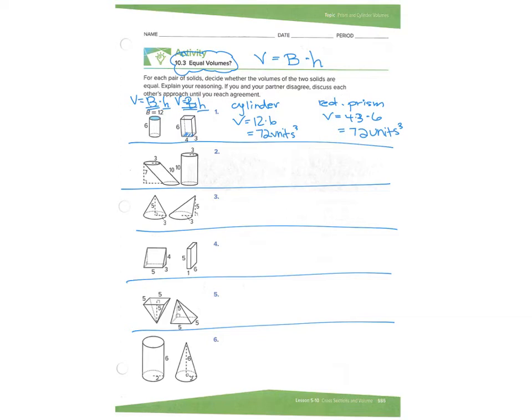So let's take a look at number 2. Number 2 does bring in this new vocabulary word of my oblique cylinder versus my right cylinder. In my oblique cylinder, I notice that my base is a circle with a radius of 3. So really my base areas would be the same.